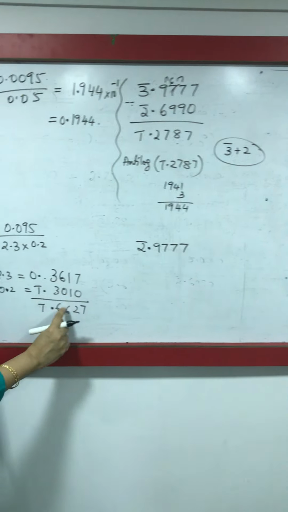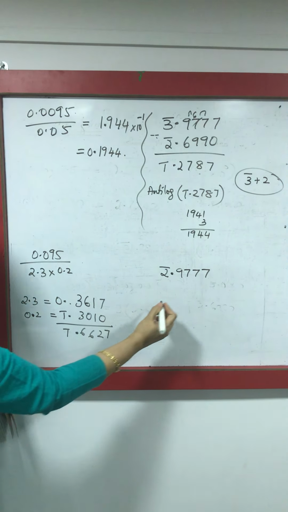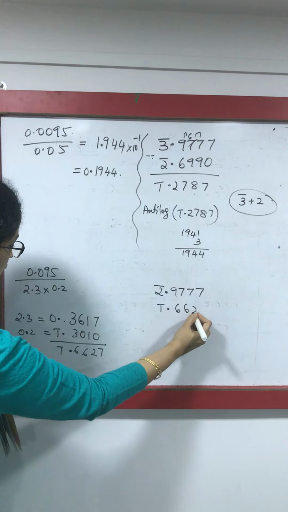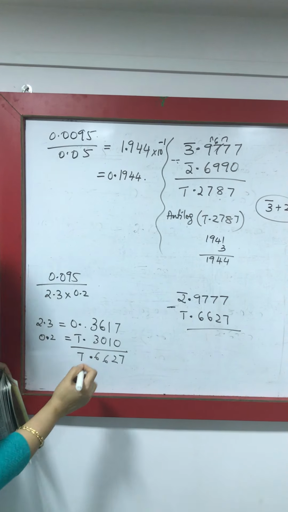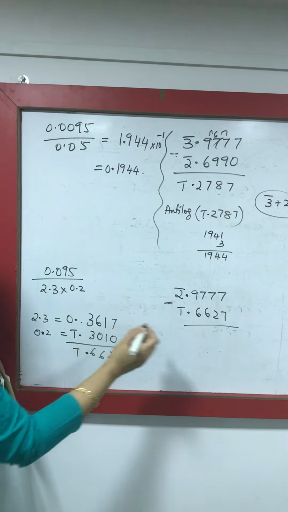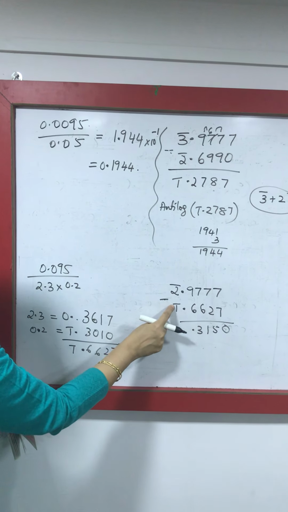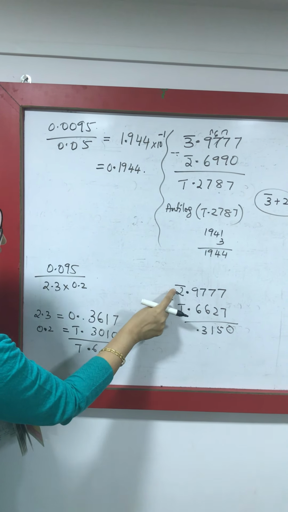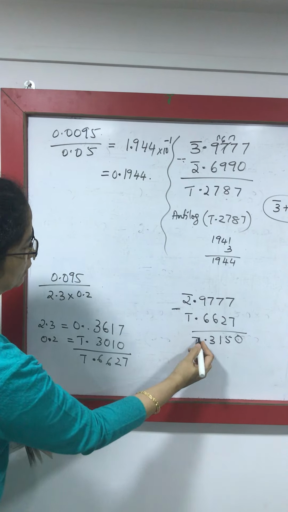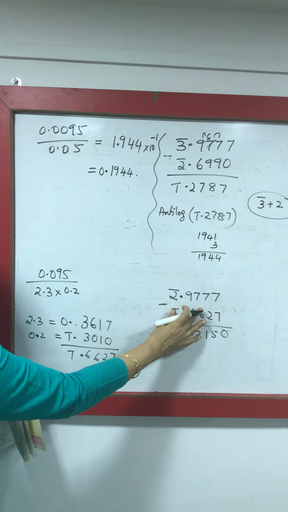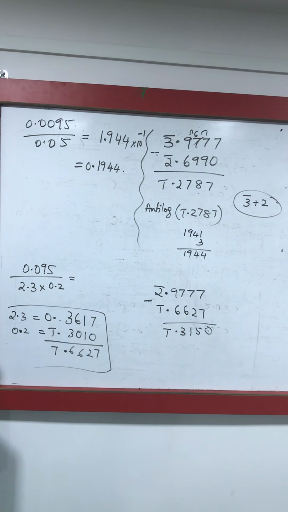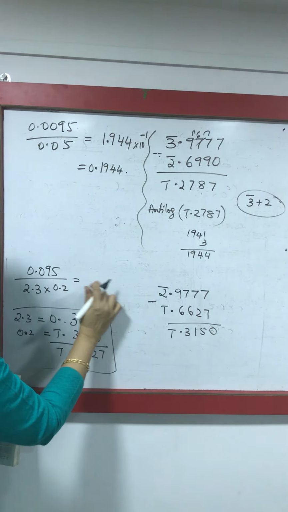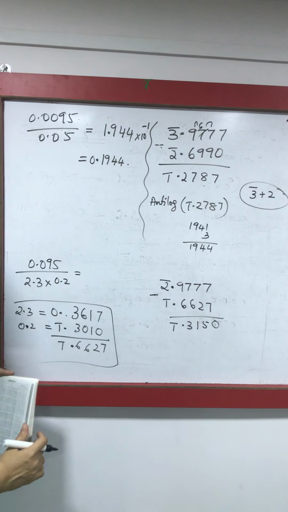This is the value of the logs that I have taken in the denominator, which I will substitute here. And since they are in numerator and denominator, we will subtract. When I subtract, I will get, this is bar 2. This is negative into negative, positive. So this is bar 2 plus 1. So that becomes bar 1. This is the value of the solving of these two numbers. Now if I have to write the values, I have to take anti-log of this number.